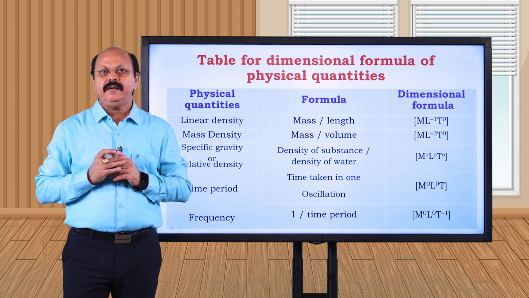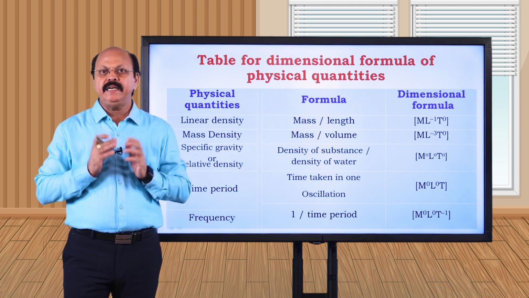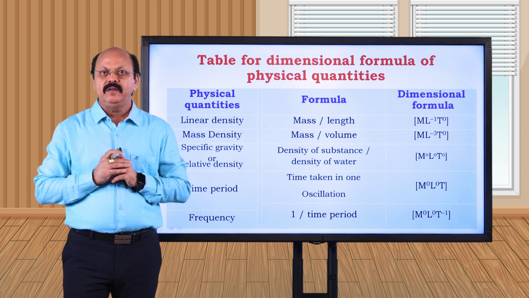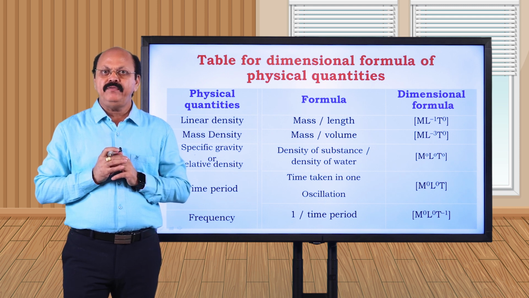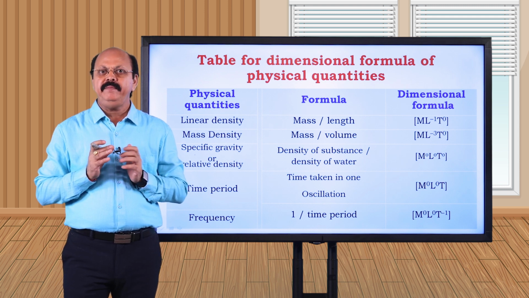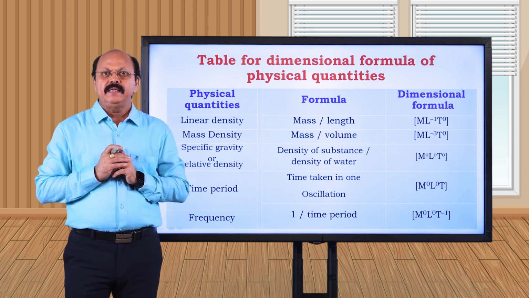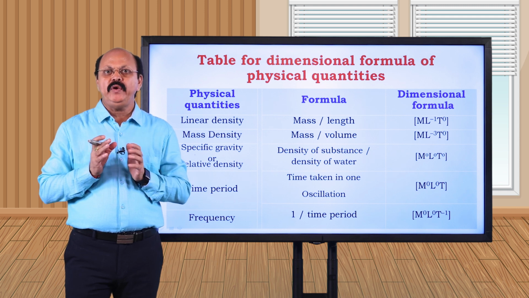Students, there are a large number of physical quantities which we have used in earlier classes and will use in future also. If we remember the formula or if the formula is given, we can find the dimensional formula very easily. See slides 14 to 18.